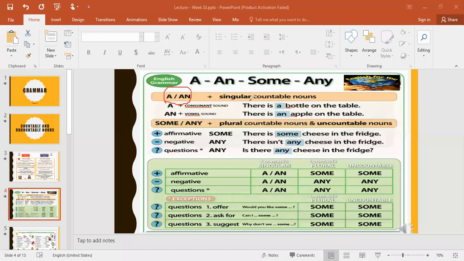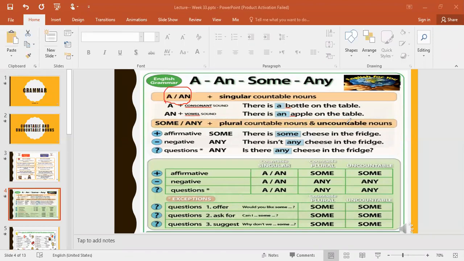What are these used for? For singular, countable nouns. So a and an are used for a singular countable noun.